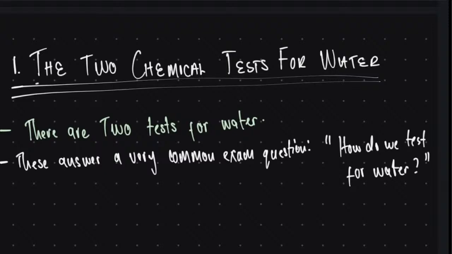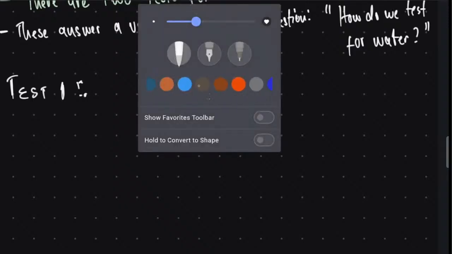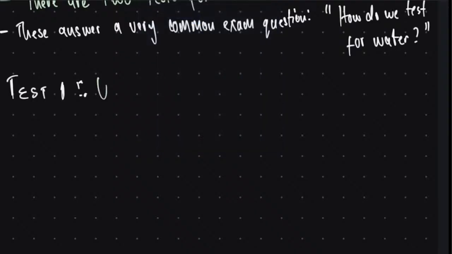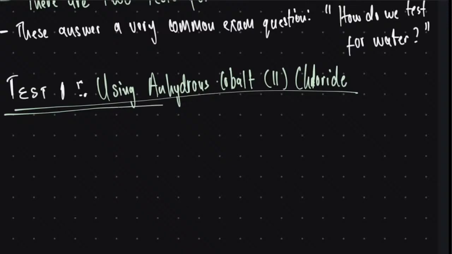Let's put the test number 1. Test 1 for water is using anhydrous cobalt 2 chloride.